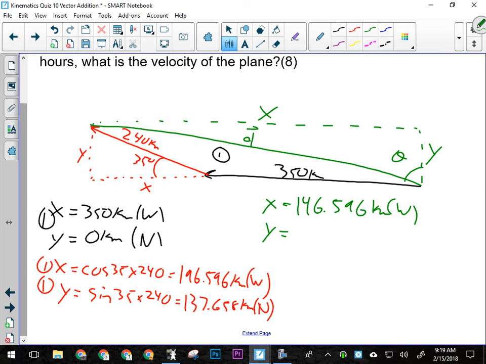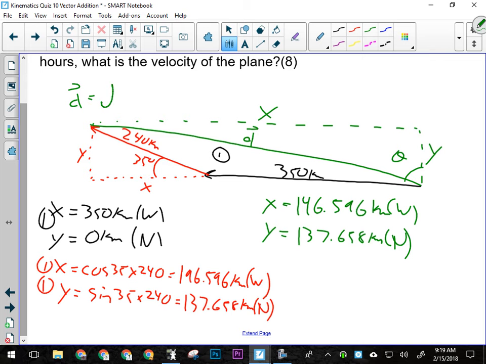And for the y component, there's only one y, so it's just going to be our 137.658 kilometers north.